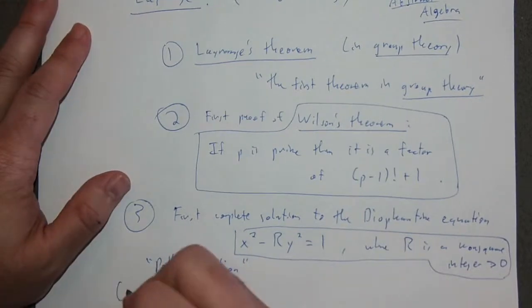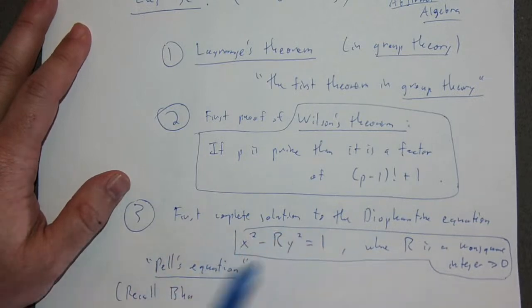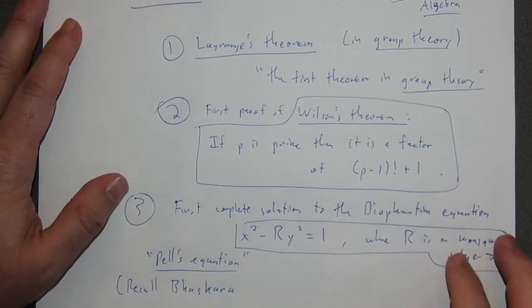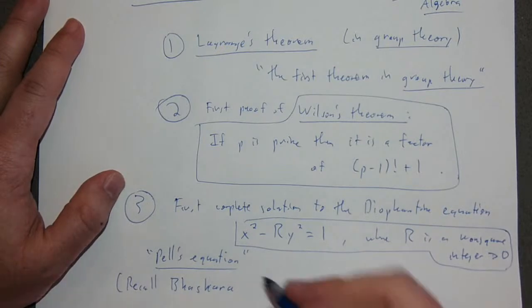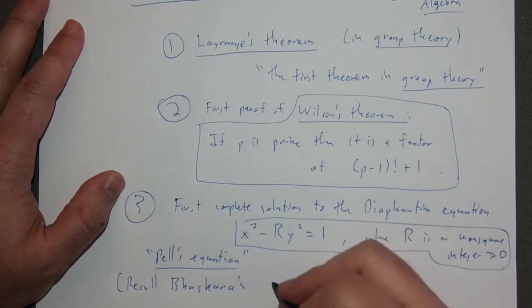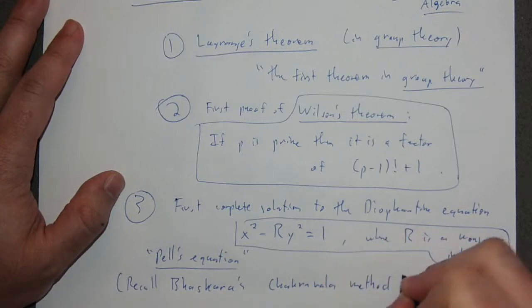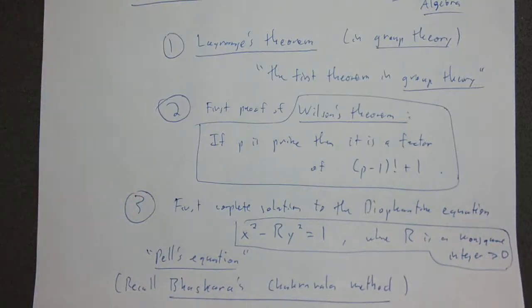So recall Bhaskara's work and Brahmagupta's earlier work, but Bhaskara kind of took this to the best place. So there was the Chakravala method. So recall Bhaskara's Chakravala method, which was this way of dealing with this equation and solving it.